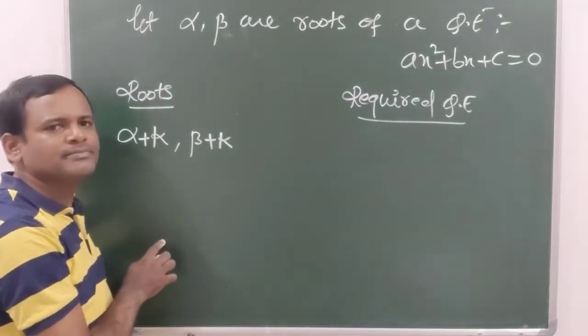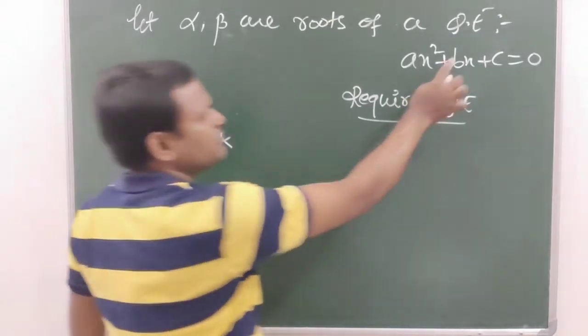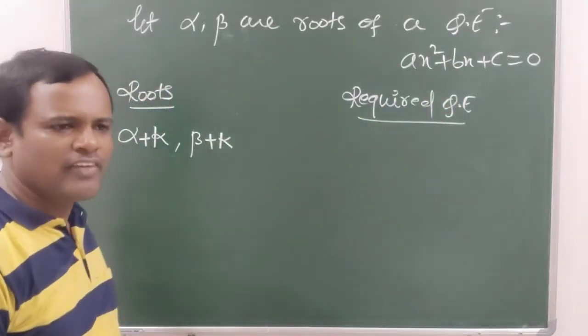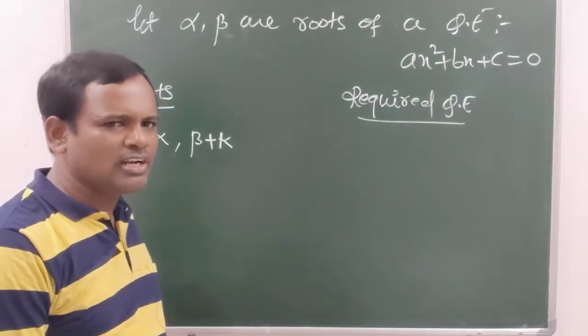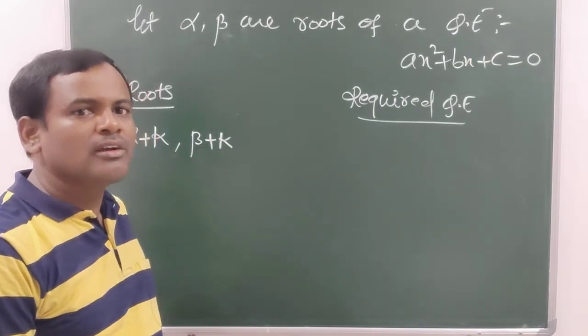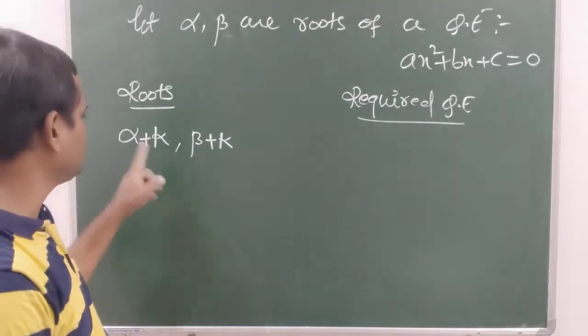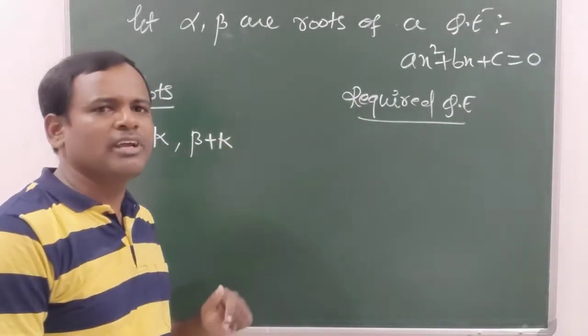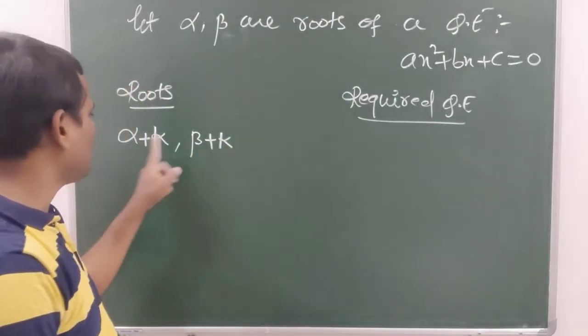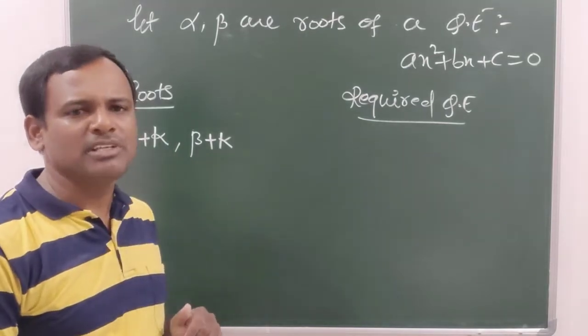Observe that point. Alpha beta are the roots of this quadratic equation. Then find a quadratic equation whose roots are alpha plus k comma beta plus k.